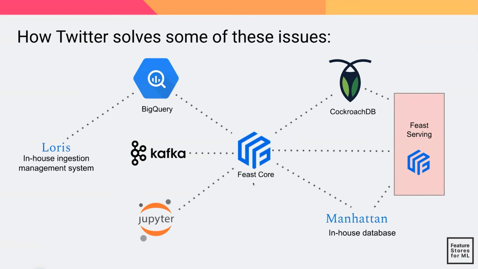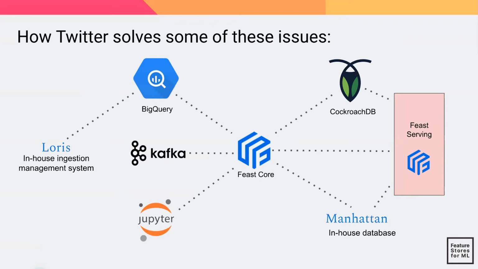It's SDK based, so it doesn't require any infrastructure, and it's quite modular and flexible. But we use it as our singular source of truth between our online stores, as you can see here, and then our different sources of data, our offline stores, Jupyter. And it has a great set of APIs that allows us to keep everything consistent.